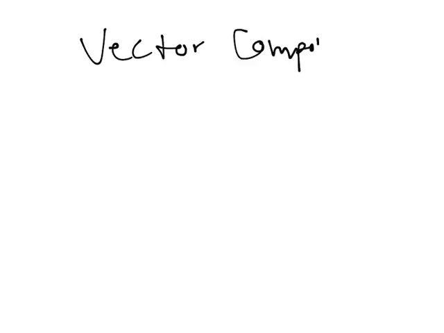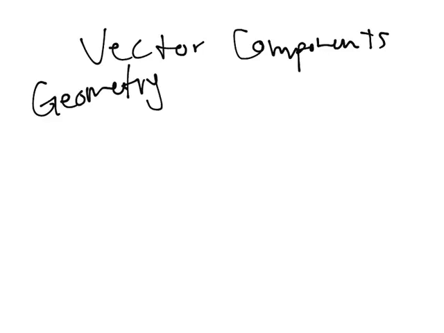So to clear up these drawings, when we talk about vector components, let's just do one really quick. We will be using geometry. It's the only thing you guys are really going to have to be good at. Hopefully this phrase seems familiar to you. No, it's not some weird kind of chant.